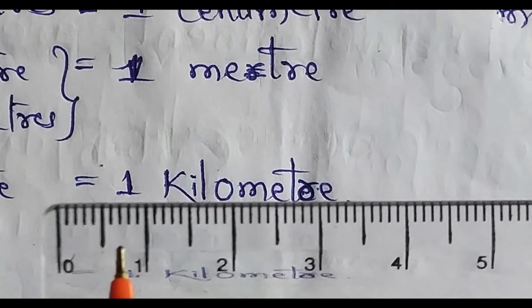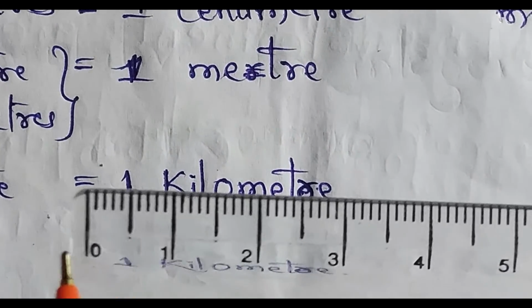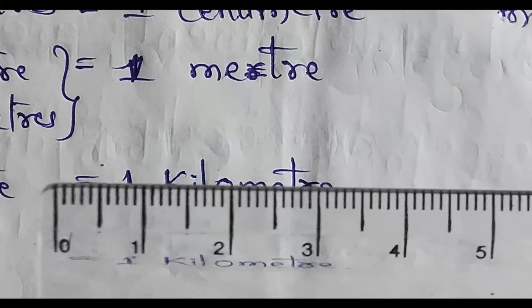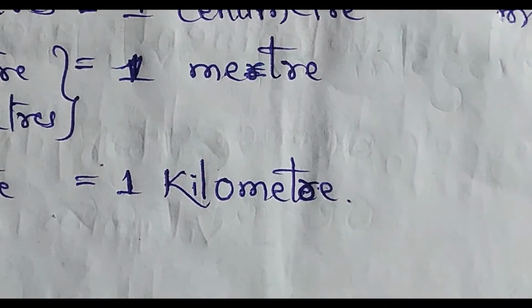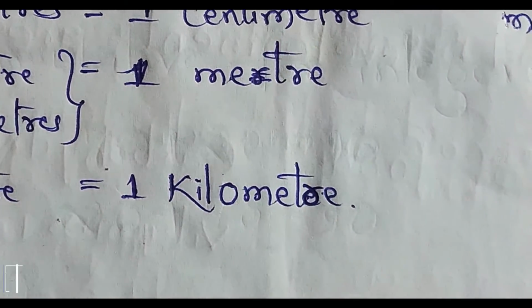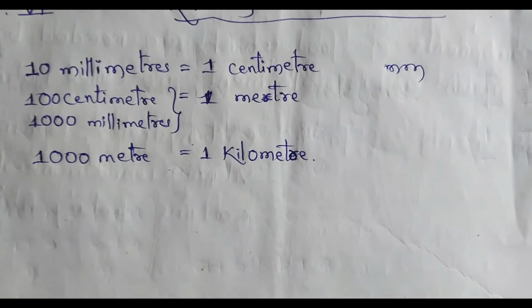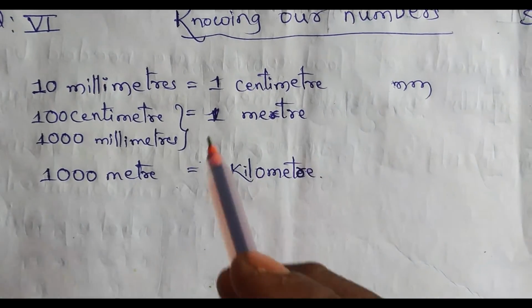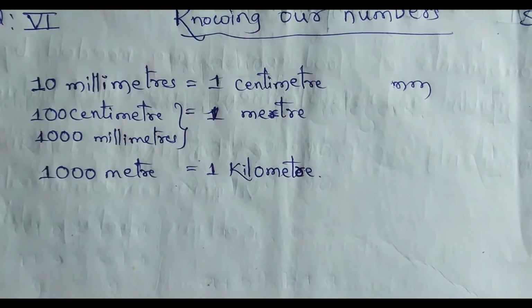In 1 centimeter, 10 millimeters are there. Millimeters we can write in short as mm. Is it clear? So 10 millimeters are equal to 1 centimeter.